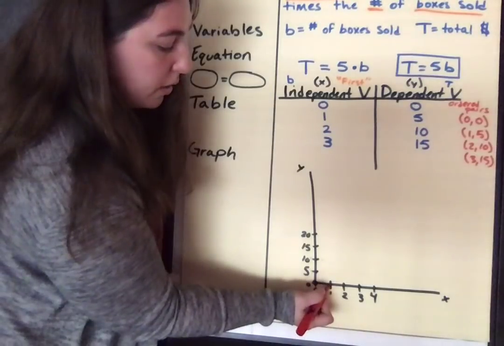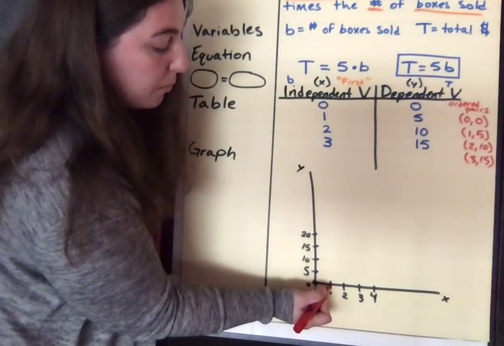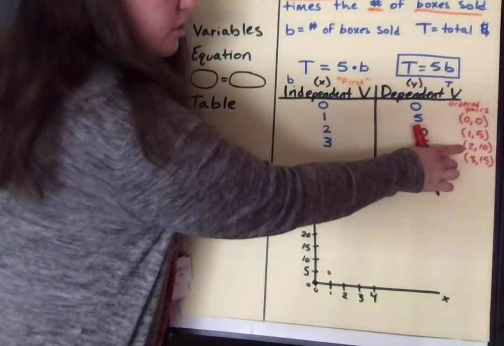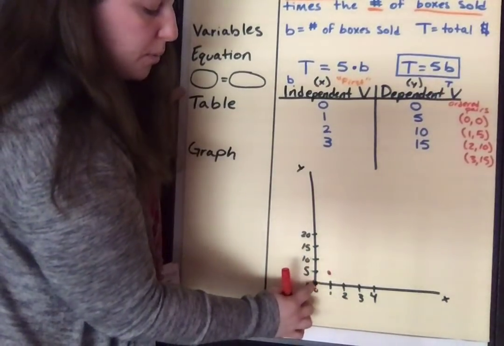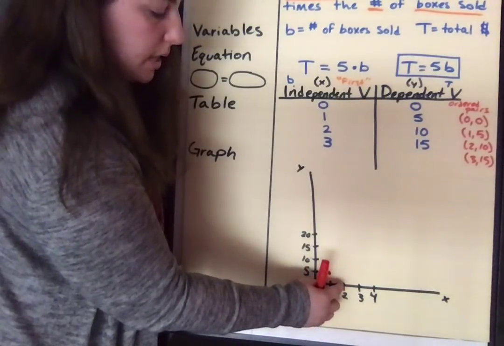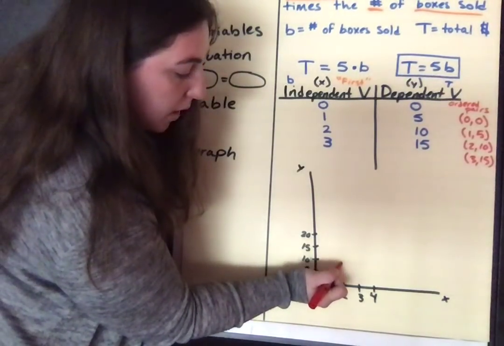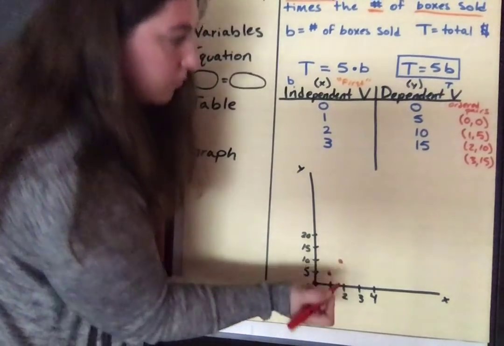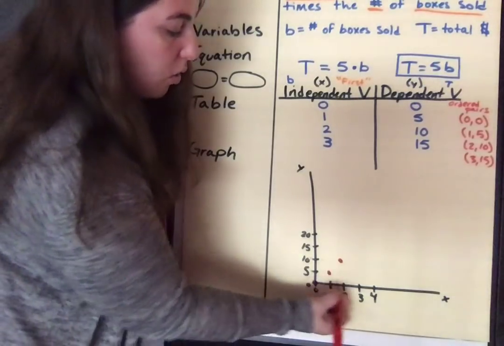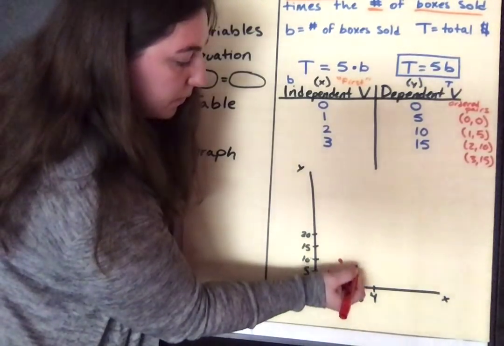When x is 1, the y is 5. So I'm going to go up to 5. Next point, 2, 10. If I'm starting from my origin, I'm going to go to the right 2 and up to 10, which is going to be right over here. And then my last point, 3, 15. I'm going to go over 3 and up to 15.